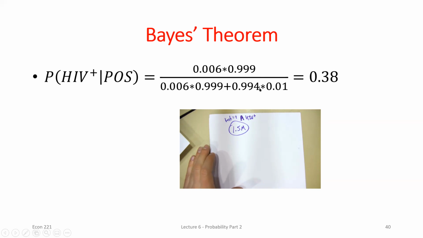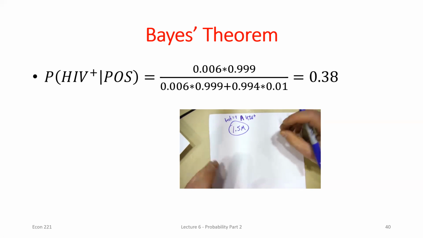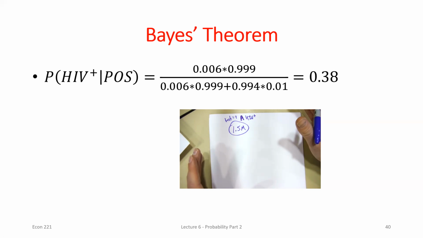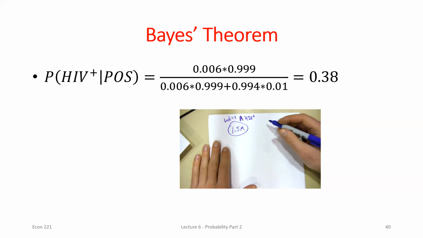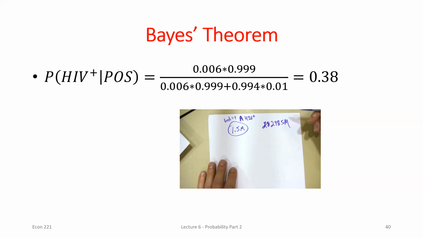So the number of people who get a positive test result but don't have the disease: well, 99.4% of people don't have this disease. So really, instead of 1.5 million people have it, we're thinking about 298.5 million people that don't have the disease. And about 1% of them will get a false positive.